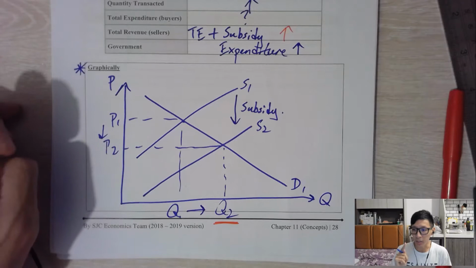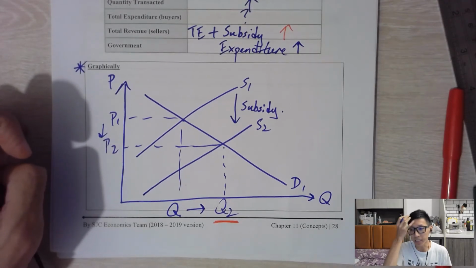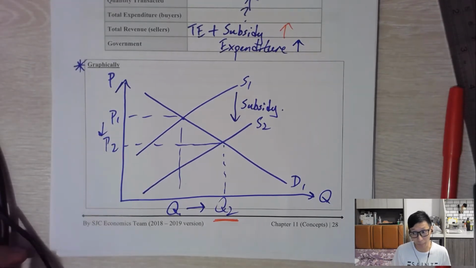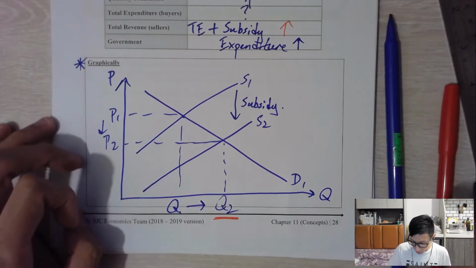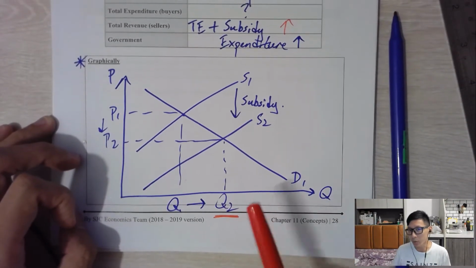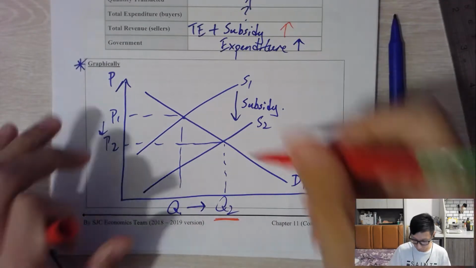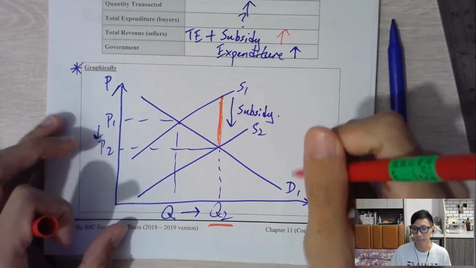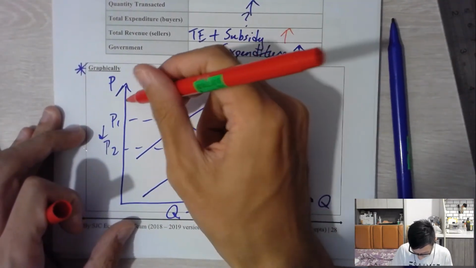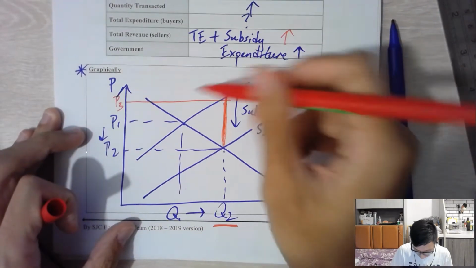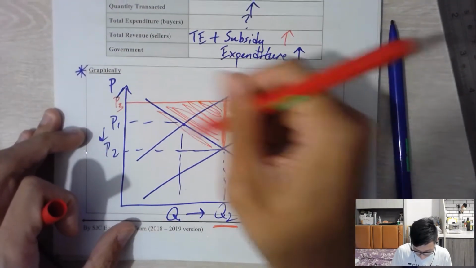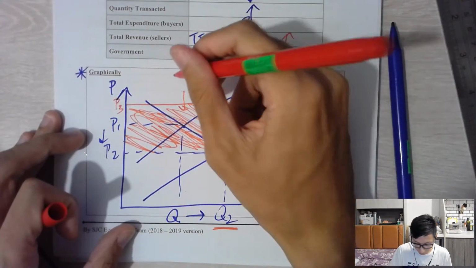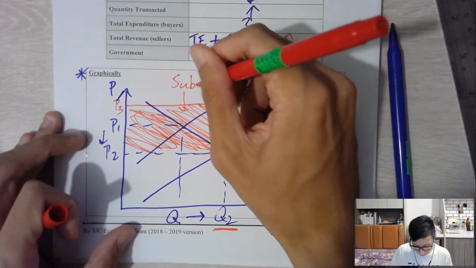Because in a subsidy we also need to indicate the part of the subsidy received by the producer. Since we are selling at Q2 units, and the vertical distance is the per unit subsidy, we are selling Q2 units. Therefore, this whole red box is the total subsidy.